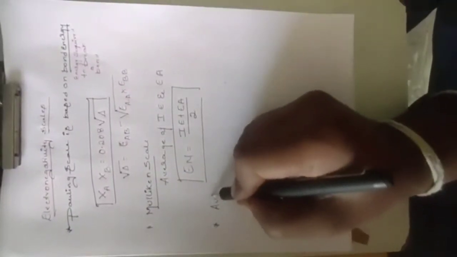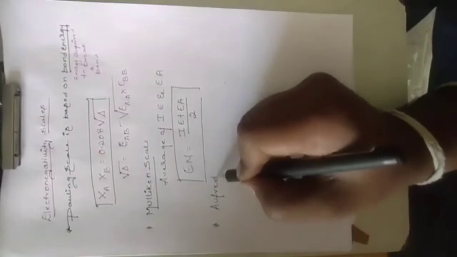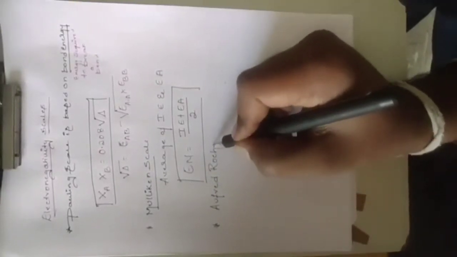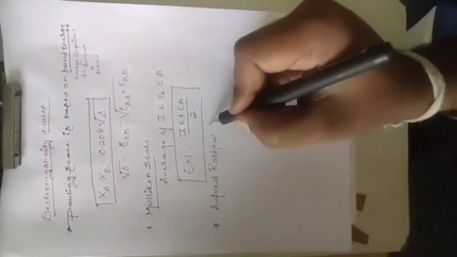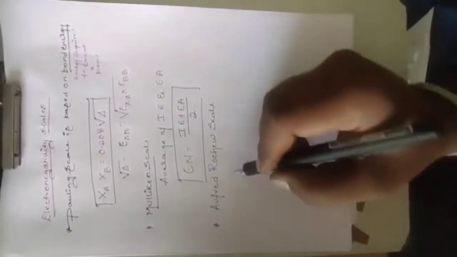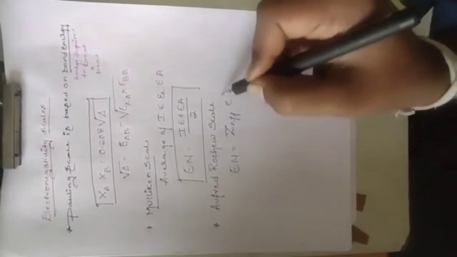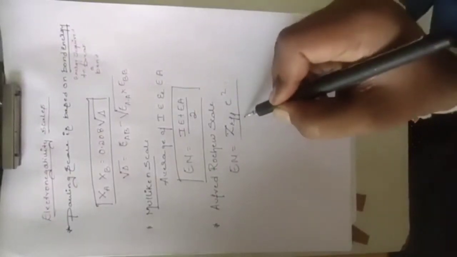Next, the third scale we are going to study is the Allred-Rochow scale. He gave the formula for electronegativity equals Z effective times e square by r.